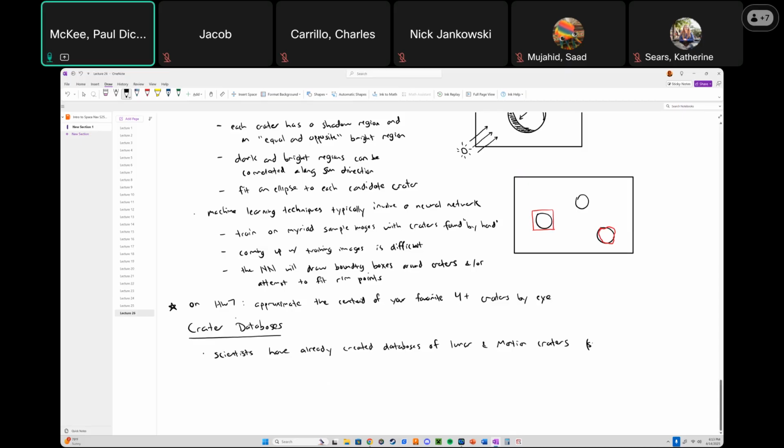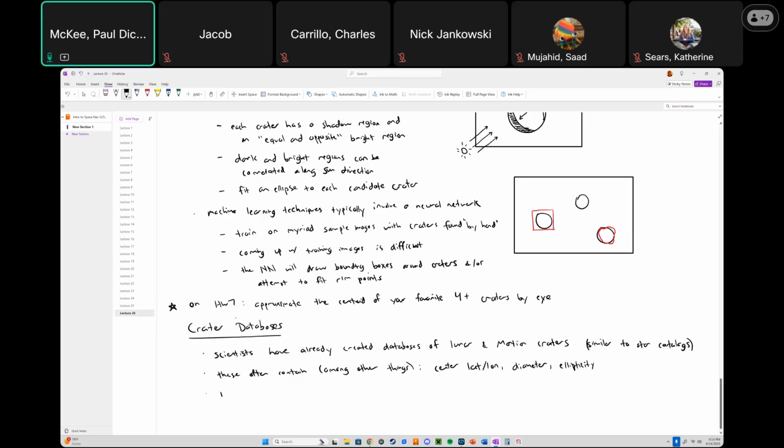These are similar to star catalogs. These often contain, among other things, center latitude and longitude, diameter, and ellipticity, which is similar to eccentricity, right? Because craters are generally circular, but not always. They can have a little bit of eccentricity.